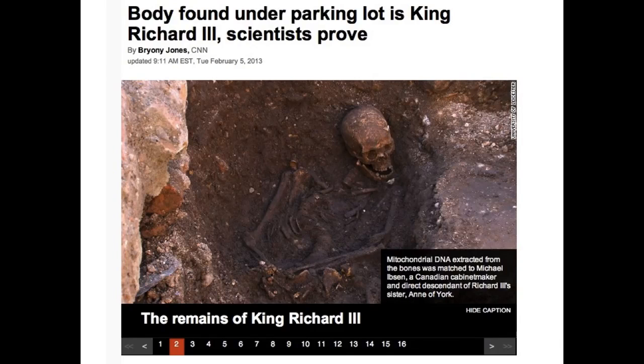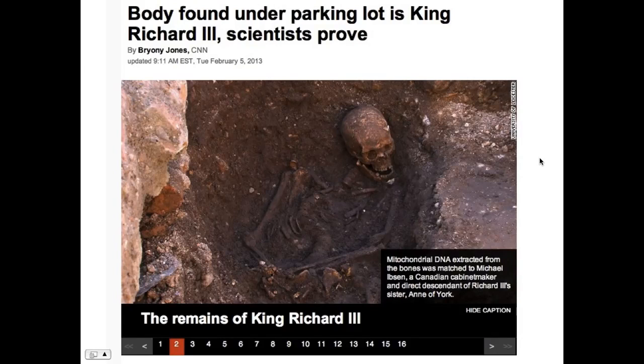Another way that DNA technology has been used recently is to identify old, important people, such as King Richard III. This is an article from last February where they found the remains of a skeleton.